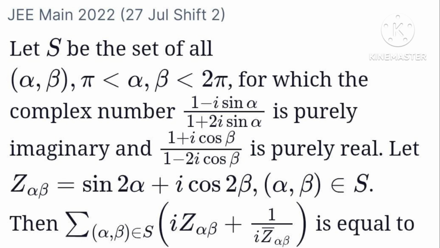Let Z alpha beta be 2 alpha plus i cos 2 beta, with alpha, beta belongs to S. Then the summation over alpha, beta belongs to S of i Z alpha beta plus 1 by i Z bar alpha beta is equal to the same. So they have mixed two sums; you can do this one yourself.